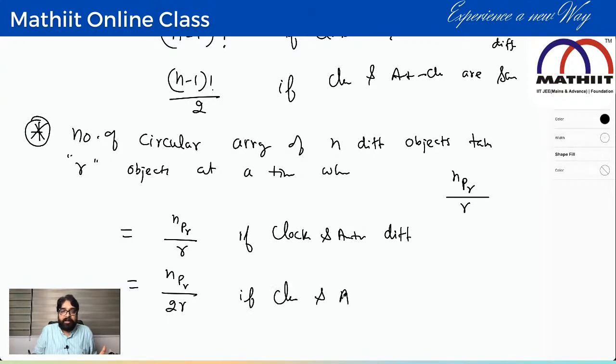Clockwise and anti-clockwise are same. Am I clear to everyone? Please confirm. Everybody, those who did not give the correct answer, confirm. Is it clear?